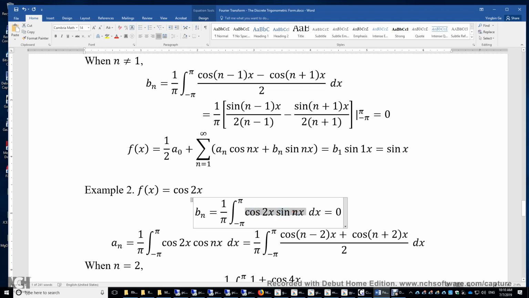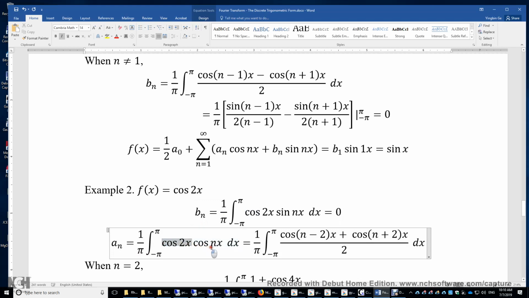And again, the integral of an odd function is always 0 if you have this lower limit and upper limit opposite to each other. Again, this is just because the integral value of the left half and the integral value of the right half cancel. Now let's look at a sub n.